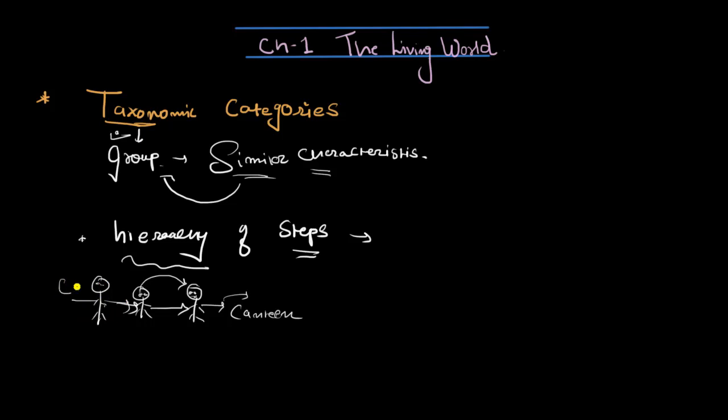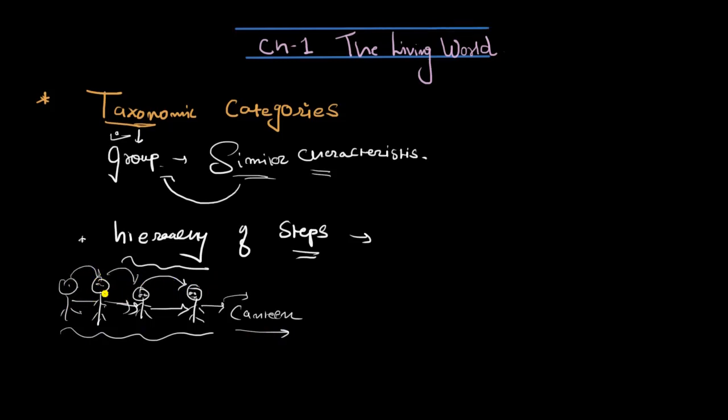He has another friend, that friend is going to follow. So all four people are going to the canteen because one follows another. That is what we call a hierarchy of steps, like step by step. One follows another, so that is kind of a numbering, one by one: 1, 2, 3, 4, each following one another.